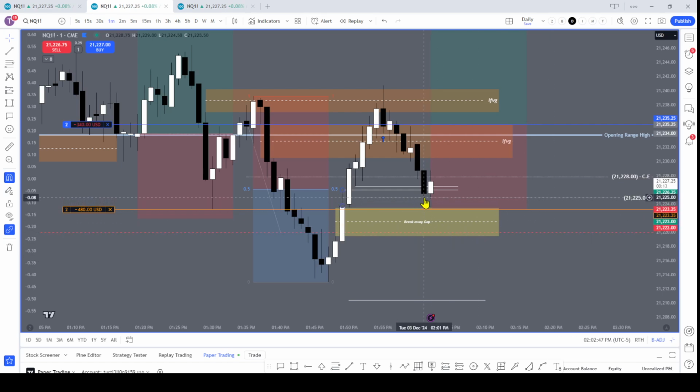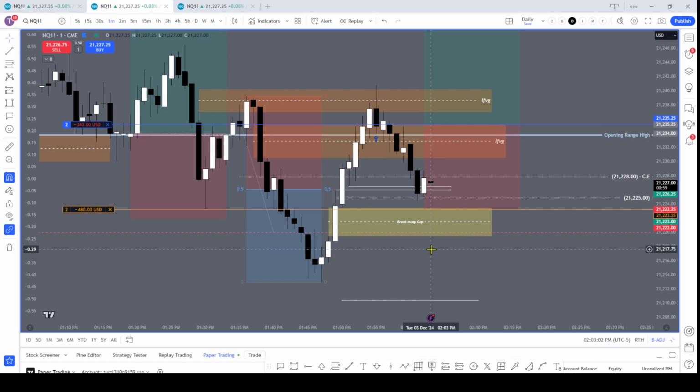This is the last line of defense here, this wick, before we reach into this fair value gap. So we're watching this candle. We came up. What's the low of this? 224.75. So one tick under. That means threshold. Closed at the low of this candle. Came wicked up into this SIBI.